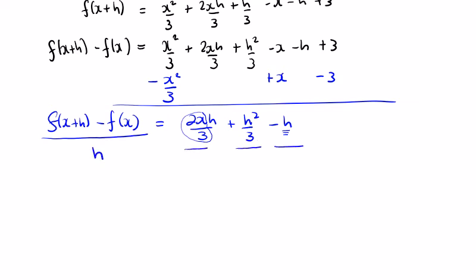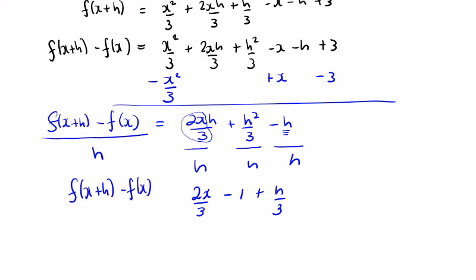So dividing each term by h, I'm going to get 2x over 3 minus 1 plus h over 3. So this is f of x plus h minus f of x over h.